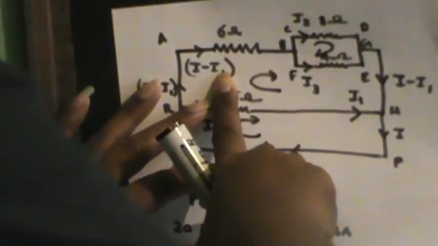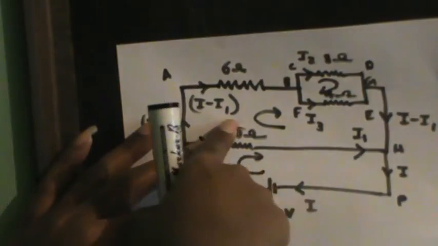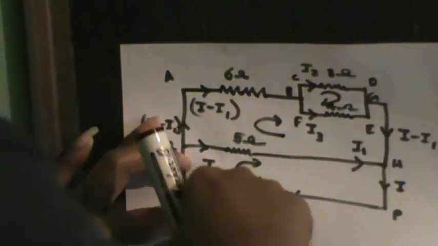The total electromotive force is again 0 because there is no potential supply. So I minus I1 will be positive. I1 is 4, so I minus I1 is I minus 4. I2 is positive because we are going in this direction, and I1 will be negative because we are going in the opposite direction.